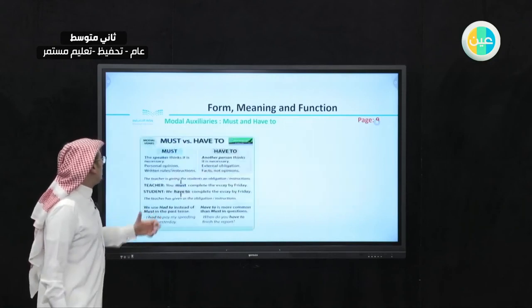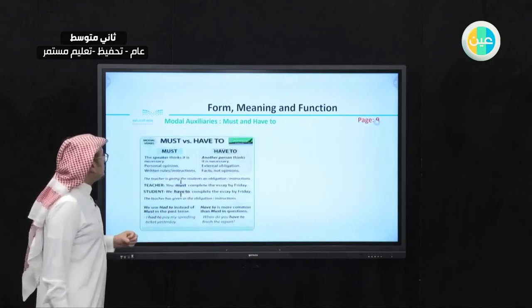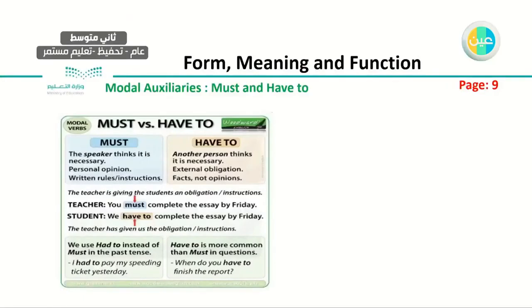Let's do some exercise, but before doing this exercise, we will refer to your books, page 9. We have the same idea: must, mustn't, have to, and don't have to. Let's summarize the idea we talked about. With must, look at the speaker. He thinks it's necessary to do it, and with have to it's also necessary.